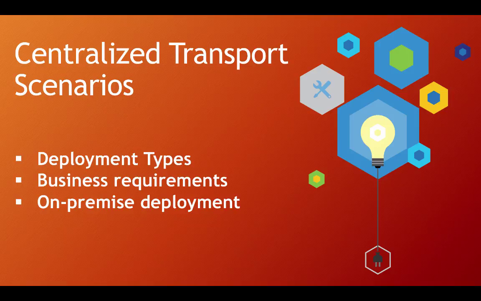What are the scenarios? So there will be four scenarios basically. One of the scenarios is you have hybrid configuration set up, but you have centralized transport disabled. What it means is, even though you have your hybrid configuration with on premises and Exchange Online mailboxes, when you send or receive email to the outside world, it goes through Exchange Online Protection.